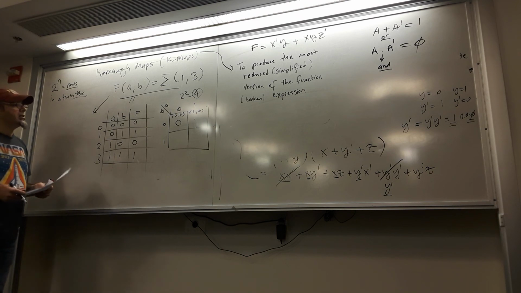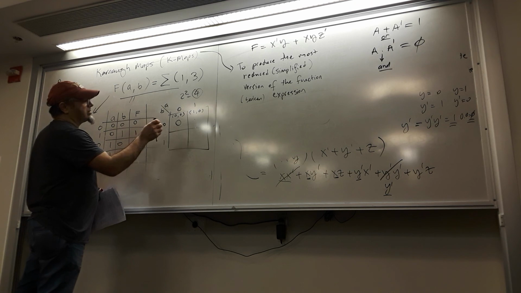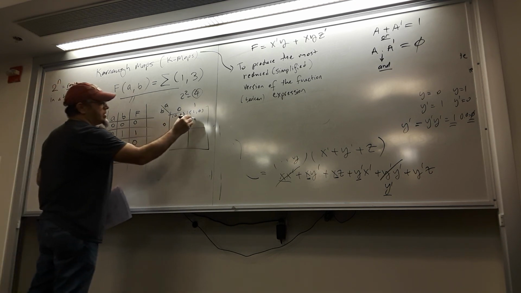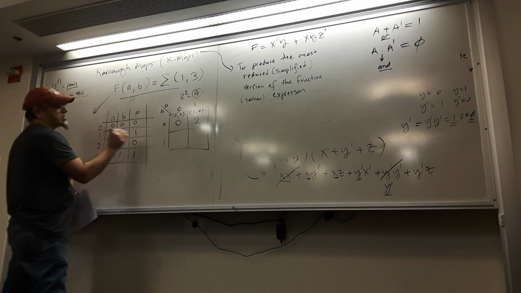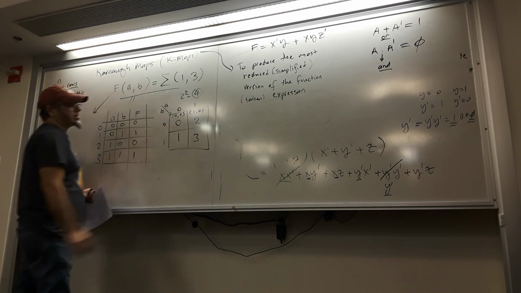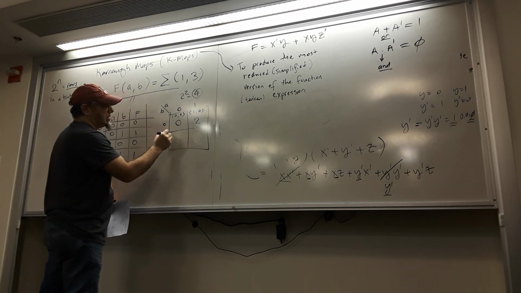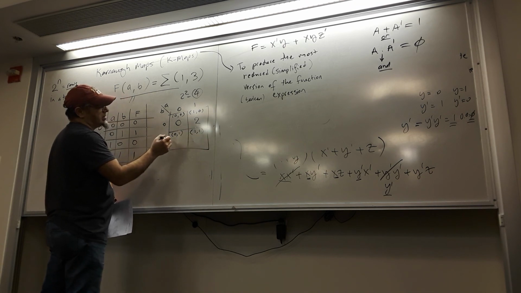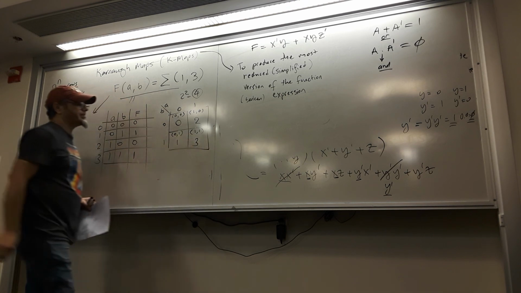All right. 1 and 0 is 2 here, 0 and 1 is 1 here, and 1 and 1 is 3 here. Okay, so these are the coordinates. 0 1 is 1, and 1 1 is 3.